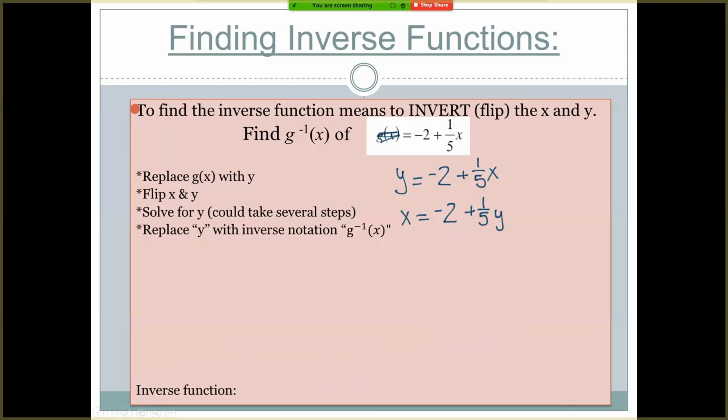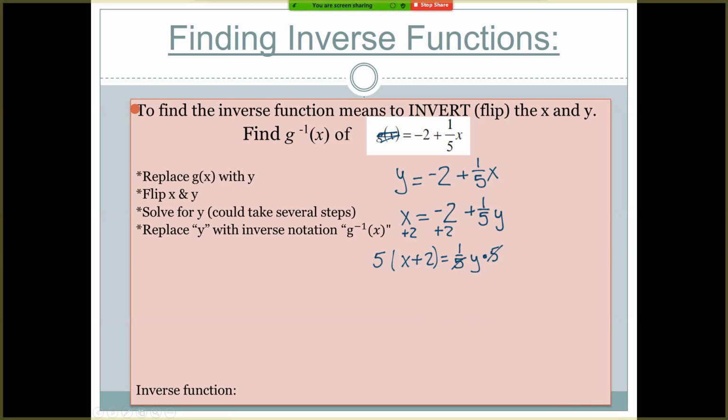If I want to solve for y, I've got to add 2 to both sides. x plus 2 equals 1/5 y. To get y by itself, I've got to get rid of this fraction. If I want to get rid of a fraction, I can multiply by the denominator to cancel it out. So if I multiply both sides by 5, be careful, the whole left side has to be multiplied by 5.